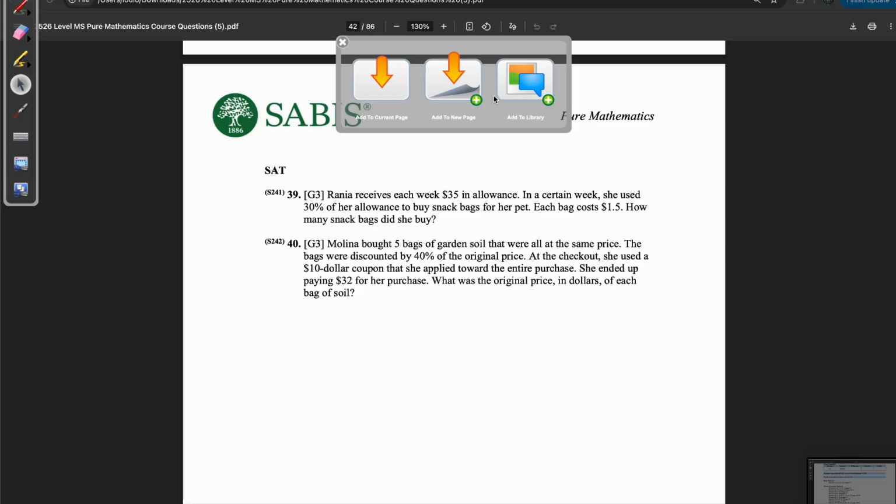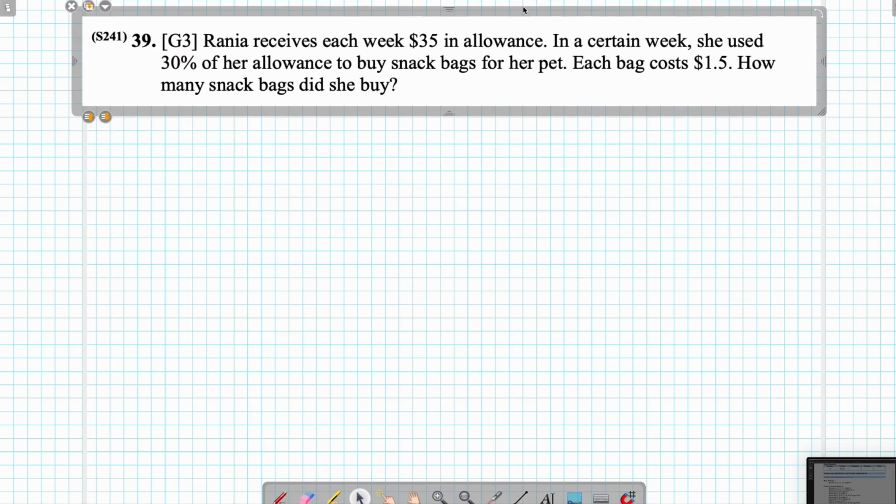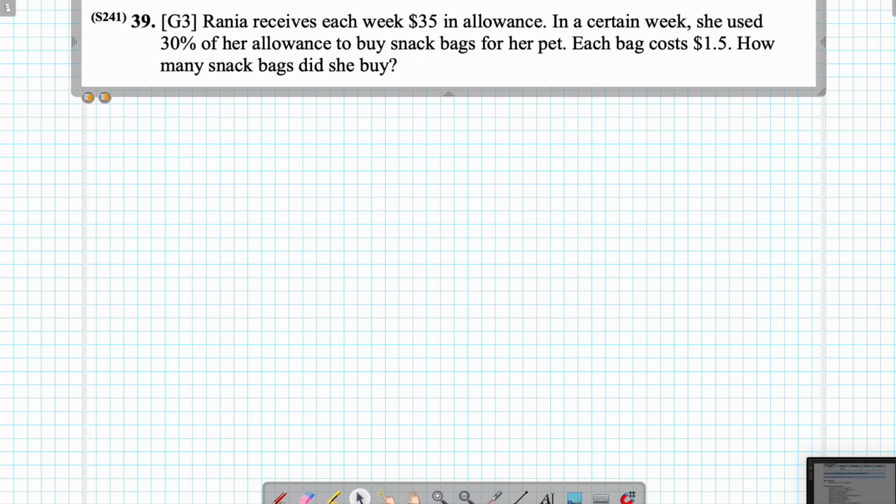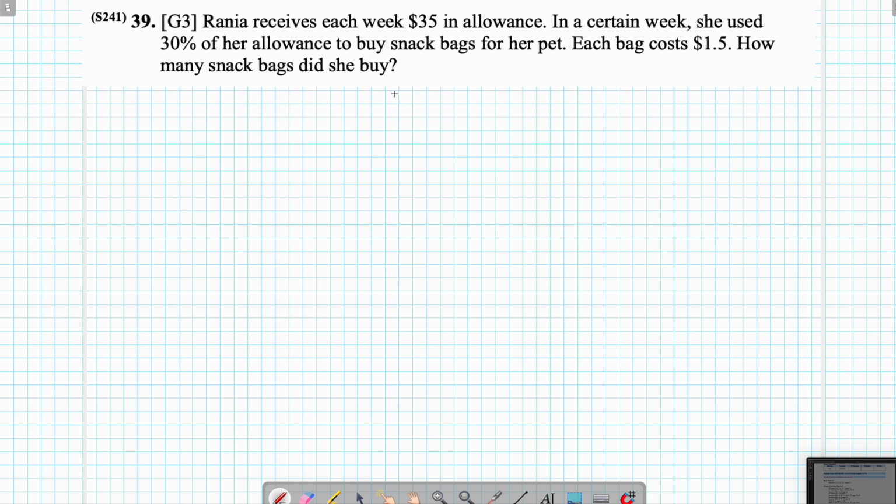Rania receives each week $35 in her allowance. In a certain week, she used 30% of her allowance to buy snack bags for her pet. Each bag costs 1.5. How many snack bags did she buy? Let's analyze the question. She received $35 in allowance. That's nice. In a certain week, she used 30% of her allowance, so 30%, which is 0.3 times 35, to get snack bags for her pet.